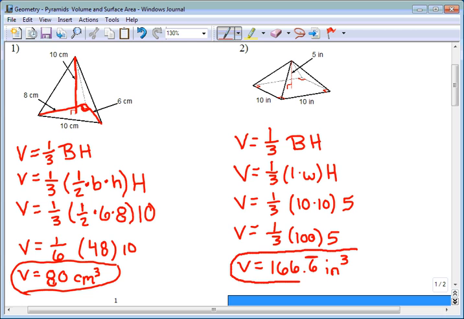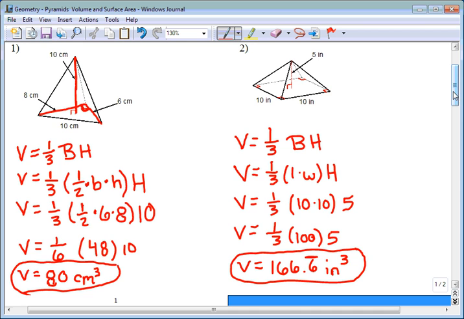So that means I have 166 2/3 inches cubed. You must have that line over the top or a mixed number or an improper fraction here. This is 2/3.